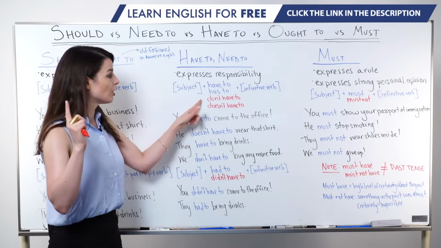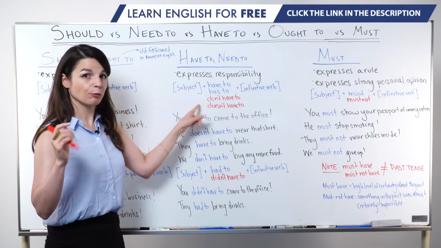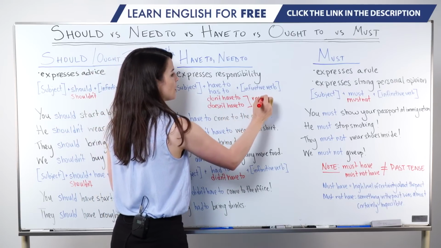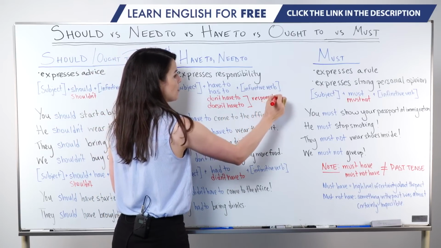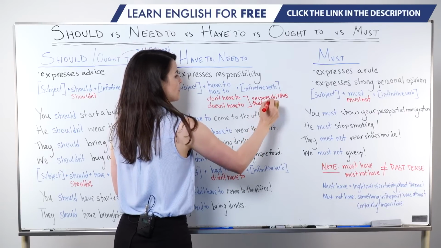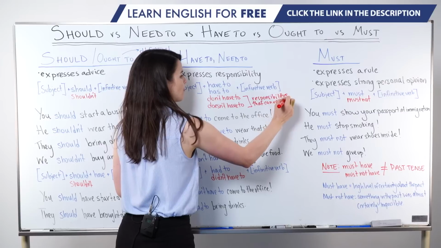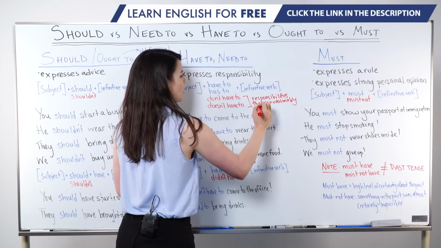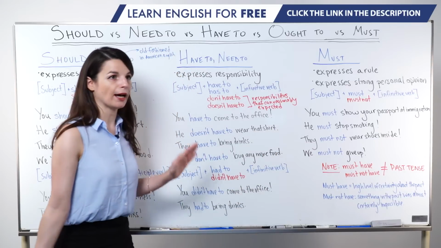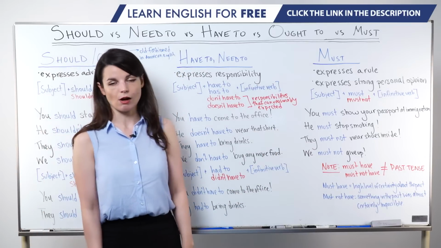Please keep in mind, for this negative portion, we use these for responsibilities that can reasonably be expected. So sometimes I hear students use odd negative patterns, like I don't have to drink alcohol at work.